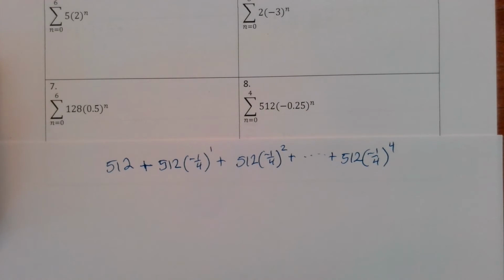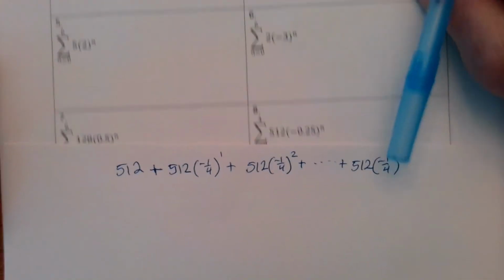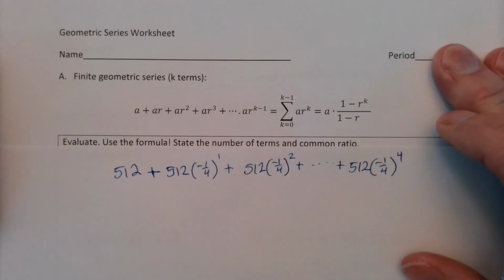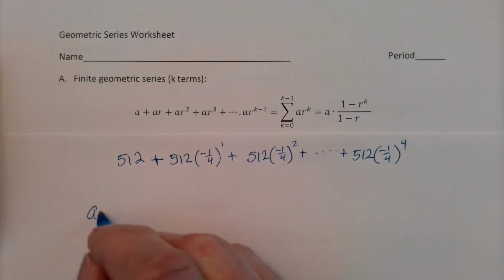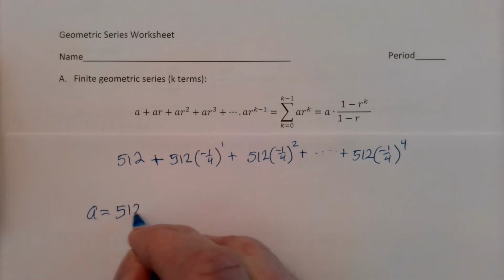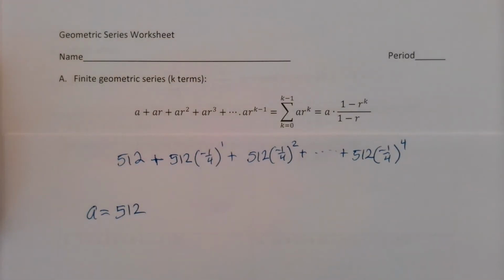So written out like that, and we go back up to what the formula said up here, it's pretty easy to get the a and the r and the k that we need. What's the a? A is 512, the first term. What's the r?